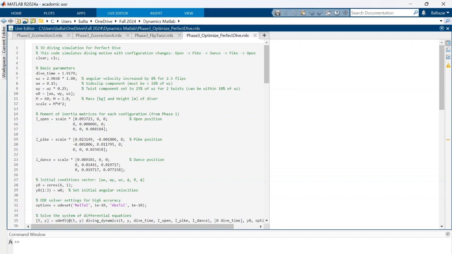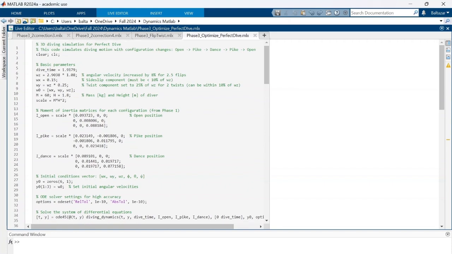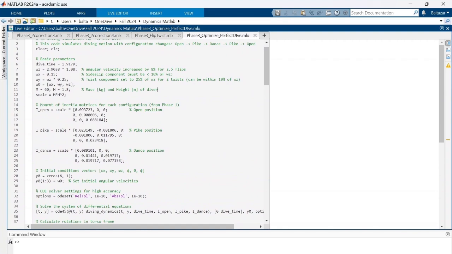Of course, we first look at the parameters, and we ended up choosing an angular velocity that was increased by 8% to get at least 2.5 flips, a side slip of 0.15, which is less than 10% of our angular velocity, and a twist component of exactly 25% of our angular velocity.